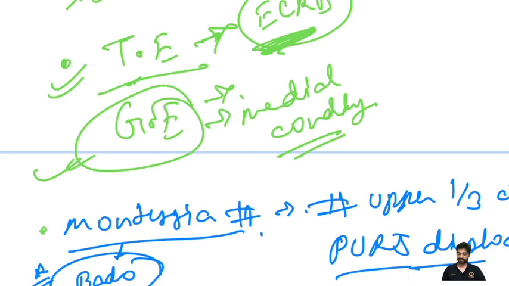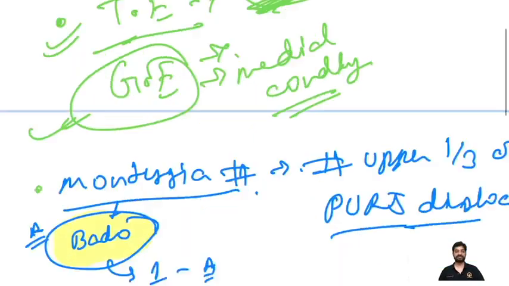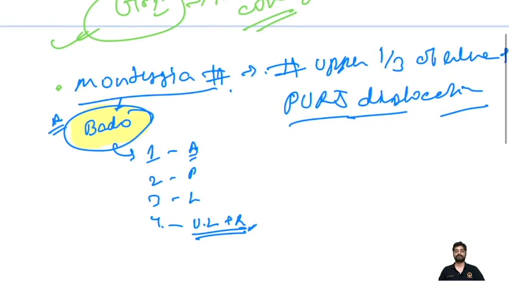Third is lateral, and the fourth is a fracture of the upper one-third of the ulna along with a fracture of the radial shaft, so both bone fracture, and the direction can be any direction. Okay, so remember this name, Bado classification, and it's four types.